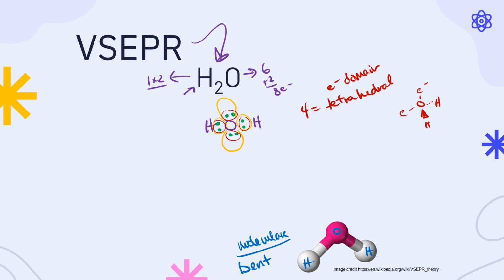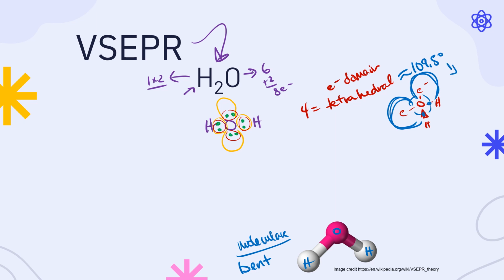So because it's tetrahedral, we're going to start at about a 109.5 degree bond angle, because we had these 1, 2, 3, 4 things around that central oxygen. But in fact, remember that these non-bonding groups of electrons have more room to move. They have more freedom to move than do our bonded electrons. So these guys are going to push. And just like in ammonia, they're going to push.